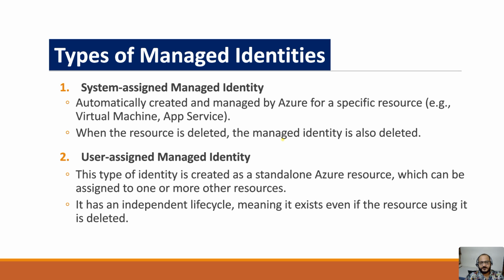Suppose you have created one user assigned managed identity and you want to use the same identity for multiple resources, you can do that. But in the case of system assigned managed identity, you do not have the privilege to use that identity for multiple services, because it is resource specific. So I hope it's clear: two types of managed identity, system assigned and user assigned. In our demo, we will see a user assigned managed identity demo.